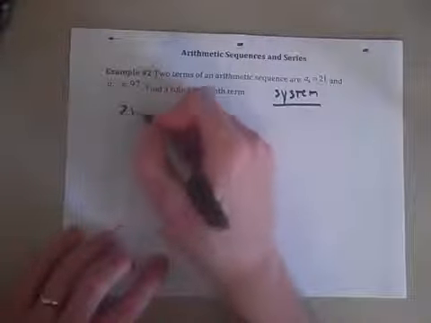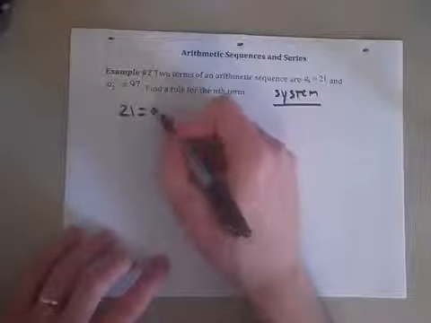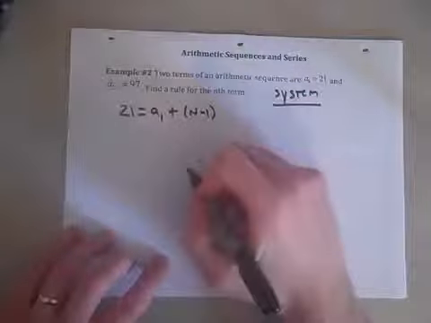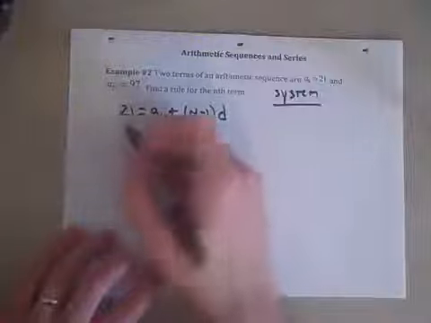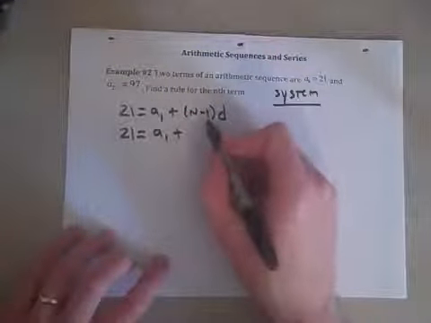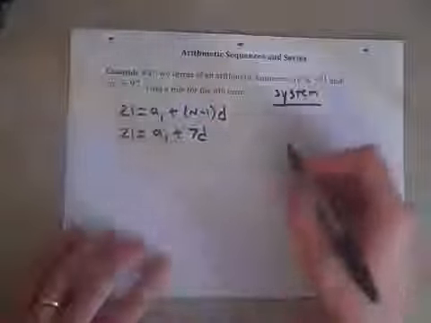So let's see. Well, we're going to start with this. The 8th term is 21. So I'm going to plug in the 8. So 8 minus 1 is 7. There's my first equation.